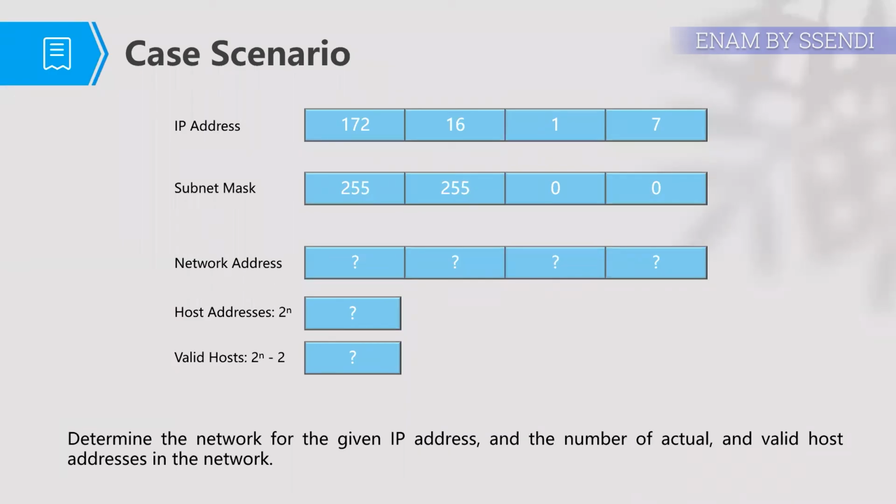I want you to help us determine the network of the given IP address, and the number of actual and valid host addresses. I want you to go ahead in your free time to calculate that. But before we do that, we can determine the number of actual and valid host addresses.